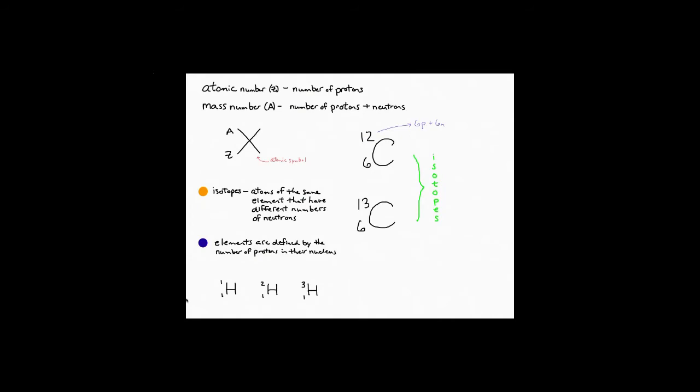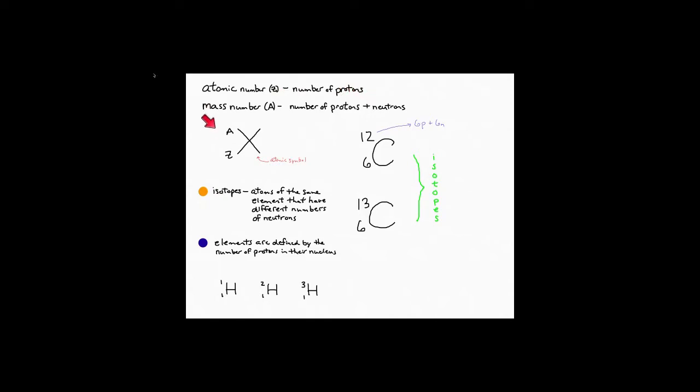A complete description of an atom includes two parameters: the atomic number, which is abbreviated as Z, and this is the number of protons that are in the nucleus of the atom. In addition, we also look at the mass number, which is abbreviated A, and this is the number of protons plus the neutrons in the nucleus.